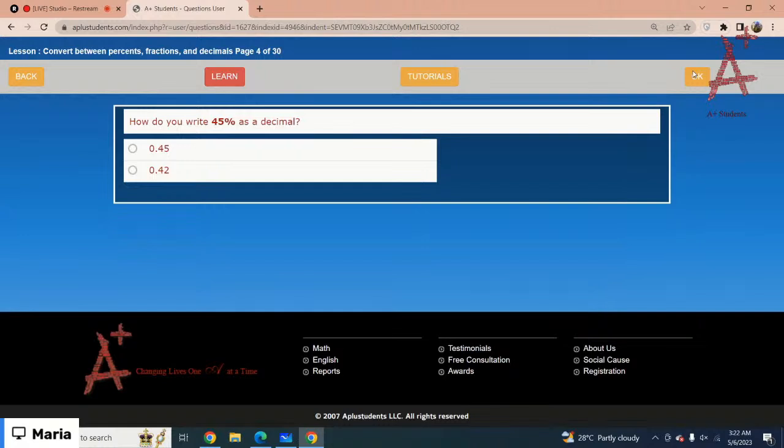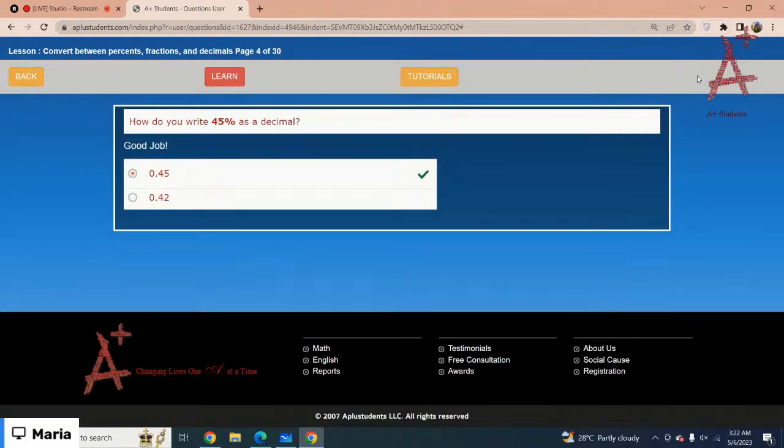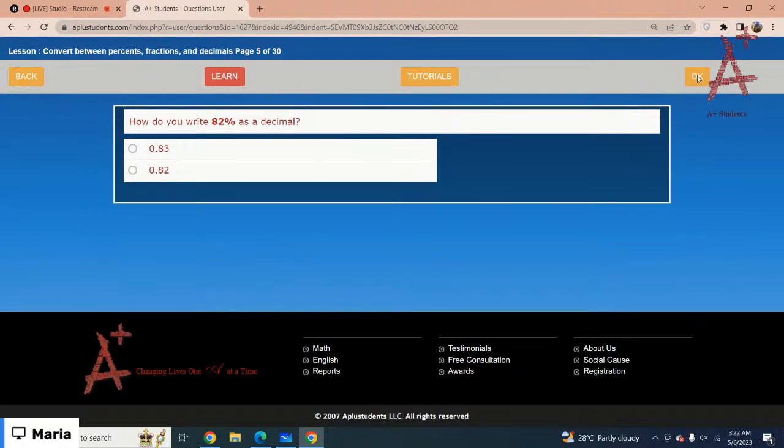Okay, the next one is how do you write 45% as a decimal? So which is the correct option? 45 divided by 100 equals 0.45. The correct option is 0.45. Okay, how do you write 82% as a decimal?